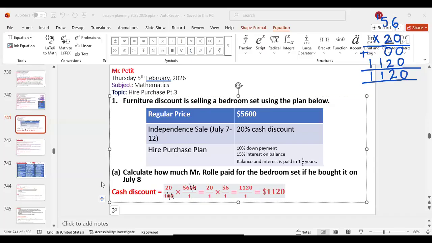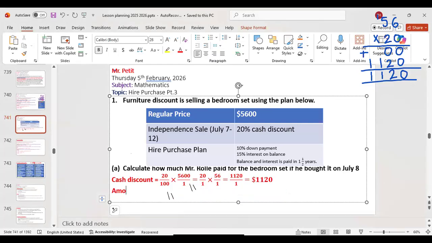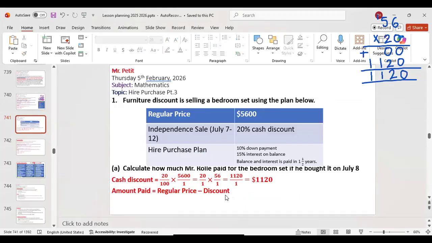So that means that in order for us to figure out what he's going to pay, we have to say that amount paid is going to be equal to what? Regular price minus the cash discount.